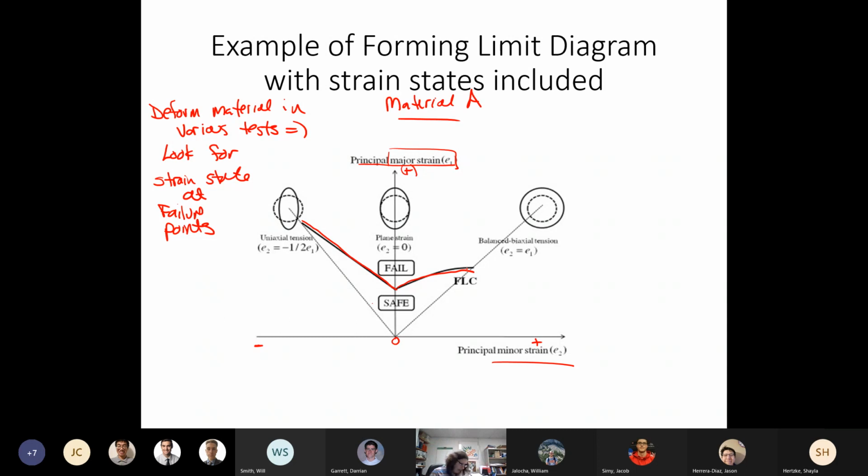But what you do is take a material, usually in strips, and oftentimes put the circles on it, and then attempt to get different strain states. Then you look at the location where failure has occurred, whether it's tearing, necking, buckling or wrinkling, record what that major and minor strain was, and plot those points.